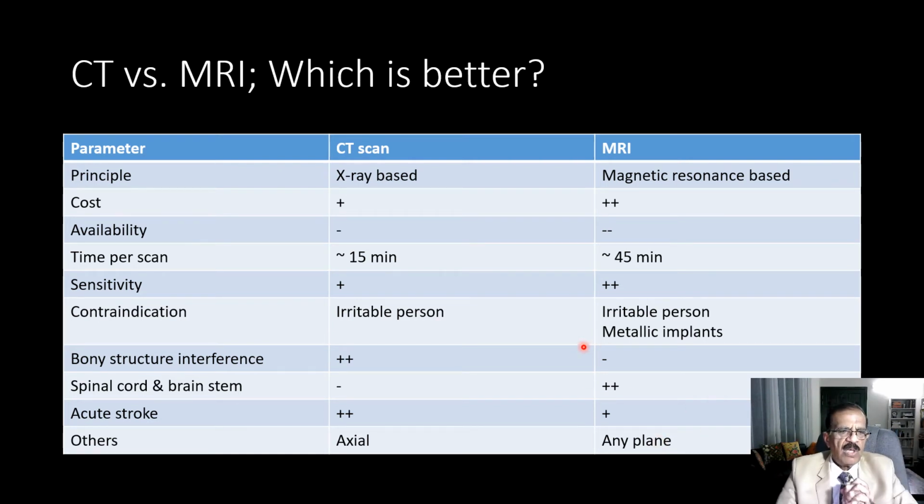If you are looking for a small lesion in the brain like multiple sclerosis, tuberculosis granulomas, a small tumor, pituitary tumor, I would go for an MRI. But if you are suspecting hemorrhage or acute stroke, I would first go for CT, and if needed, later I will go for an MRI. Both are great machines, but I've given you a comparison to let you decide which one you would consider as the investigation of choice whenever you need it.